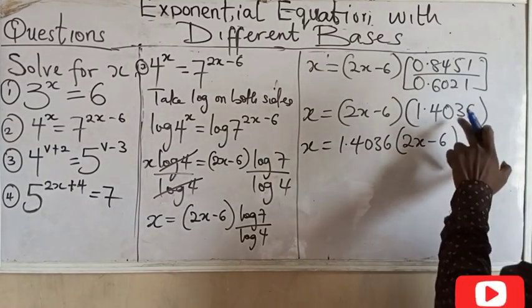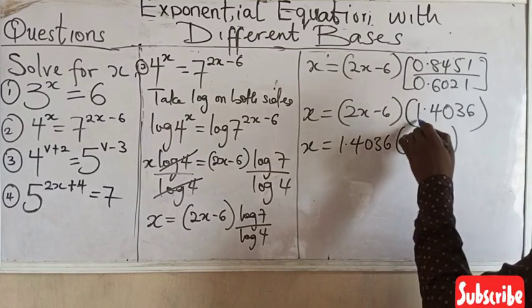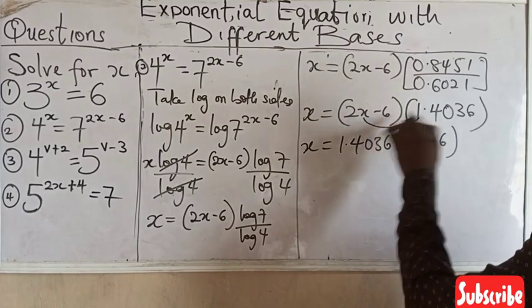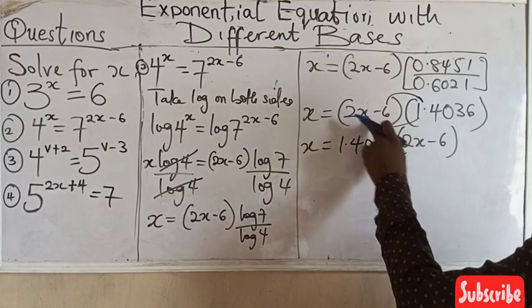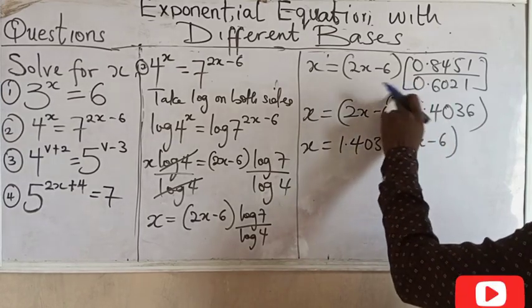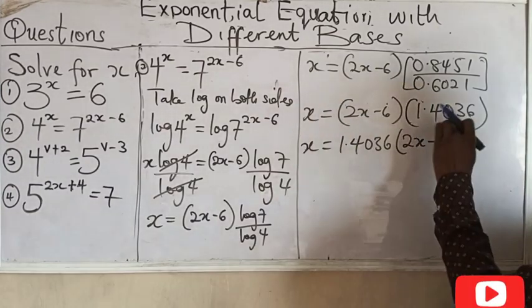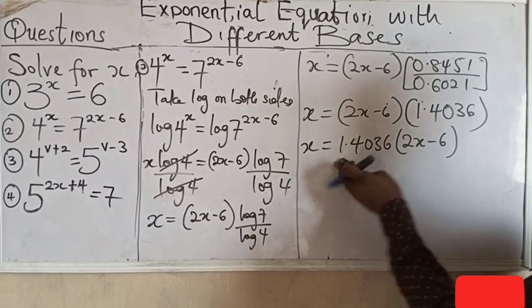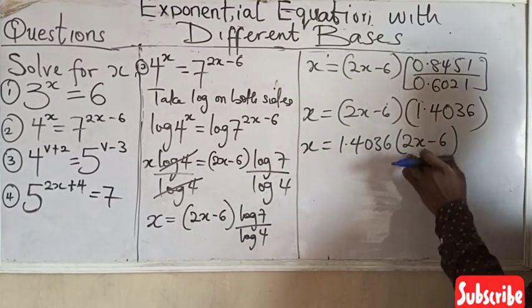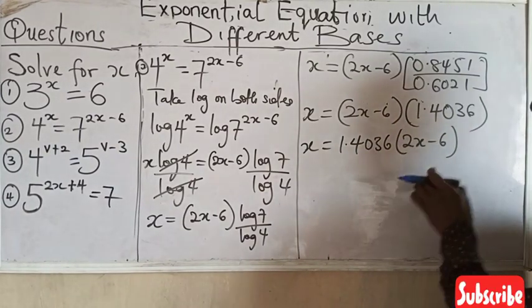What does this mean? I can multiply like this times this, and this again times this, but not to cause confusion, it is better if you write this figure in front so that we are going to know that this is what you are going to use to multiply everything in this bracket.